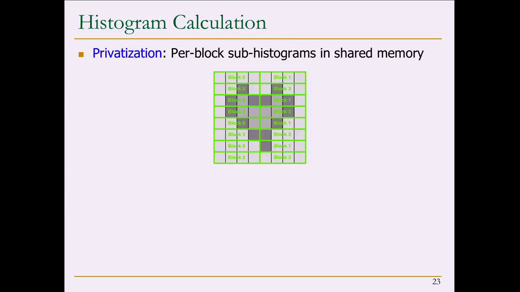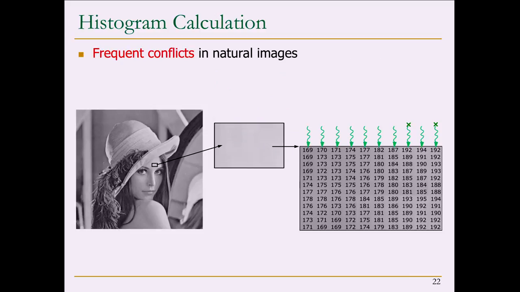Two threads, as in the previous slide, both go to global memory and read the pixels with value 192, and then they find that they have to update the same histogram bin, number 192.